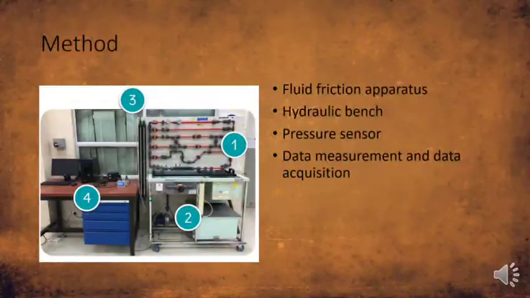If we want to investigate another pipeline, we just repeat the steps like I said before. Just close it and open it when you need it. So that's all from me.